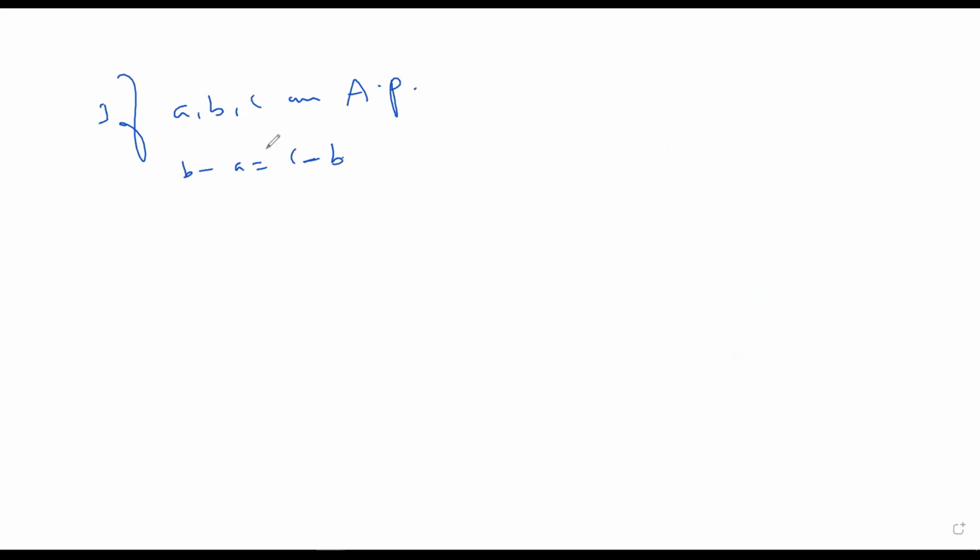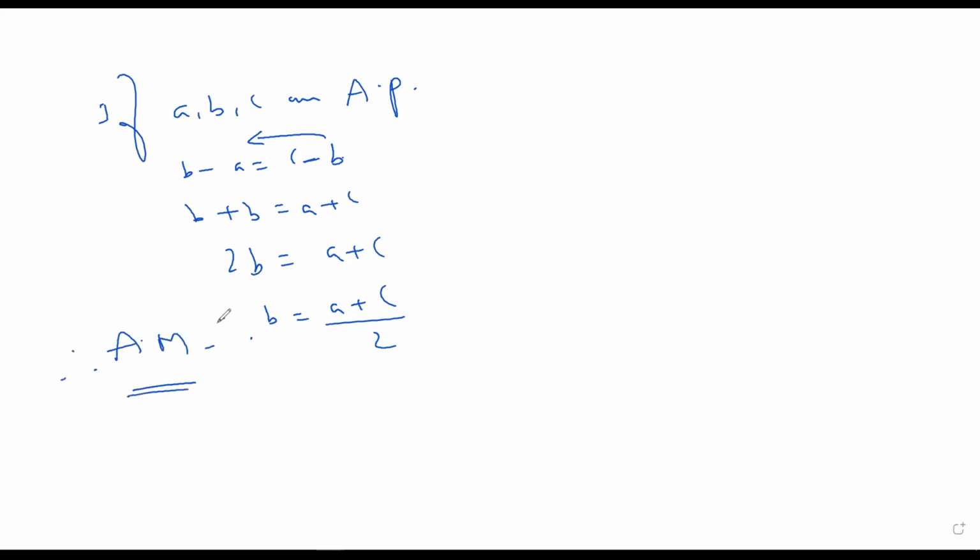Then b take this side: b plus b is equal to a plus c. 2b is equal to a plus c. b is equal to (a plus c) by 2. This is the arithmetic mean. Please write down.